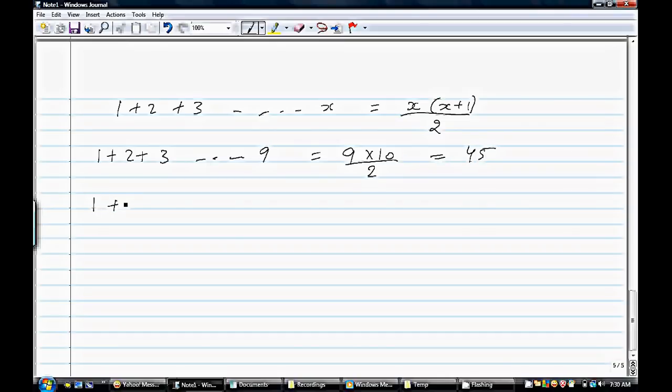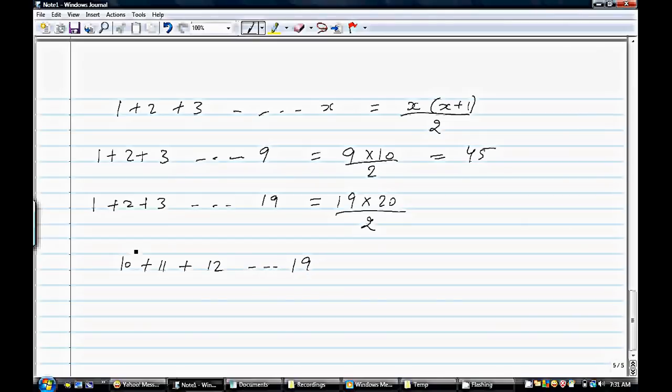Similarly, 1 plus 2 plus 3 up to 19. So all I have to do is 19 into 20 divided by 2. Now suppose the number doesn't start from 1 but starts from something else. For example, 10 plus 11 plus 12 and it goes to 19.